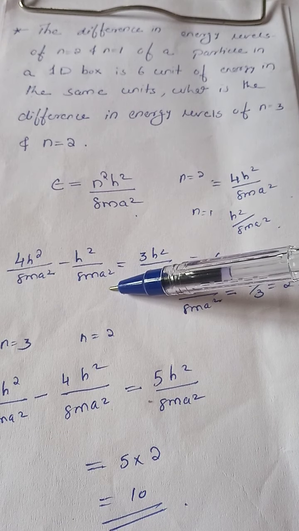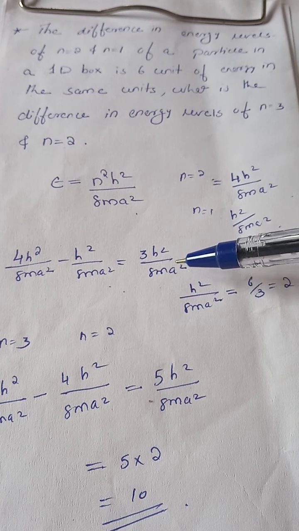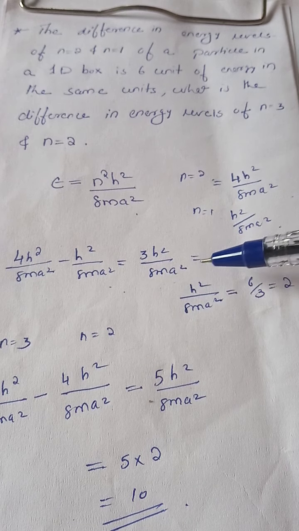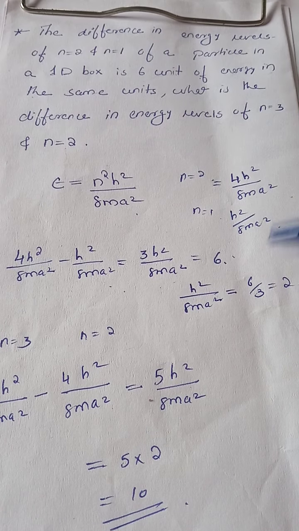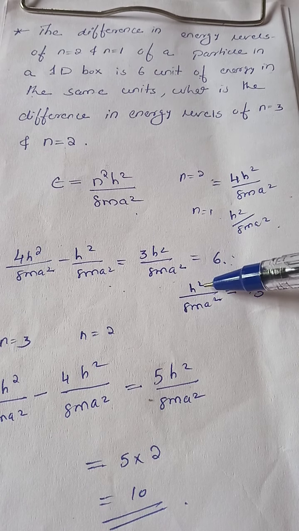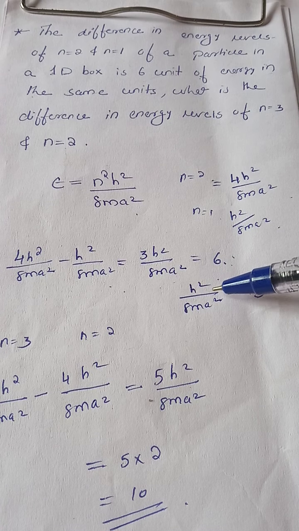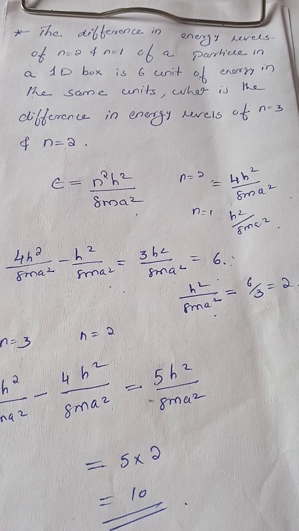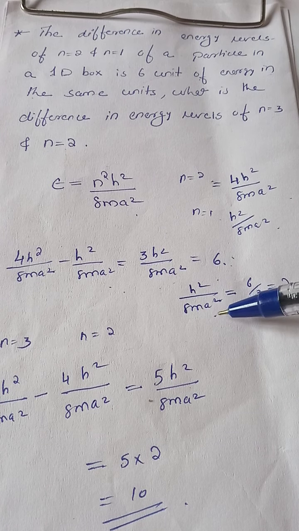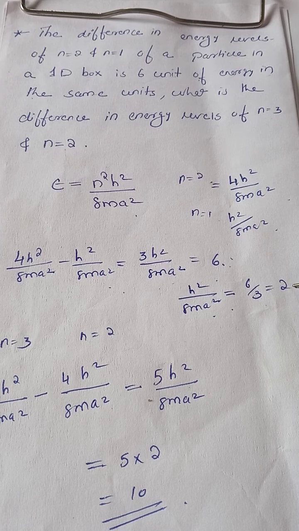Finding the difference, we get 3h square by 8ma square equal to 6. This is given here, 6 units. From here we have h square by 8ma square equal to 6 by 3 equal to 2.